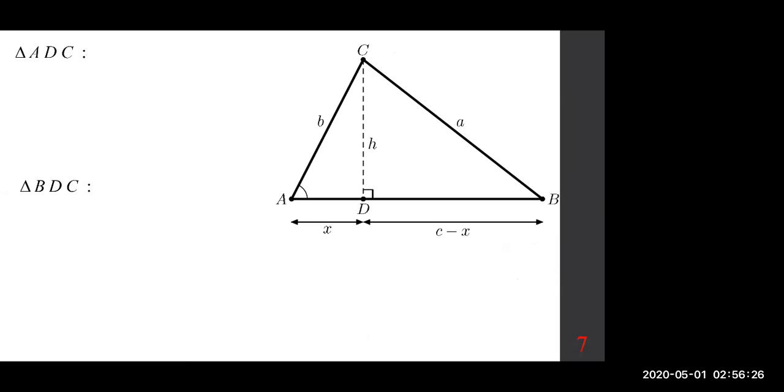We have ABC, the big triangle. We drop a perpendicular. We call it H. And now it gives us two triangles that are both right triangles. So starting with ADC.